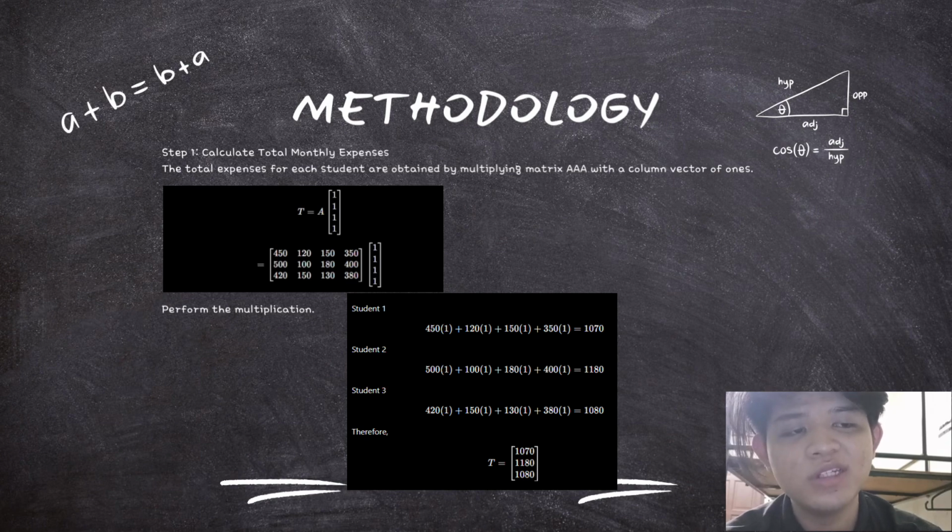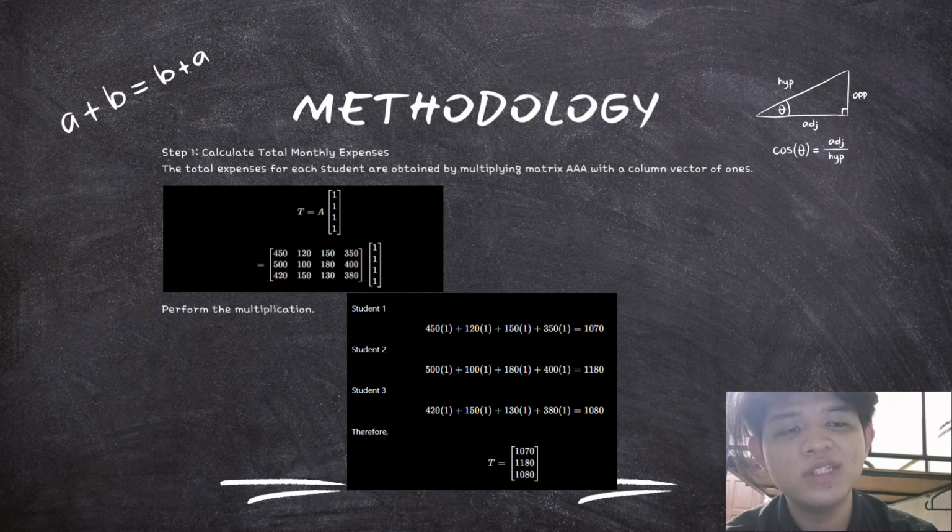If you combine everything together, the total will be 1070. For student 2, the calculation will be 500 times 1, 100 times 1, 180 times 1, and 400 times 1, which totals 1180. For student 3, it is 420 times 1, 150 times 1, 130 times 1, and 380 times 1.